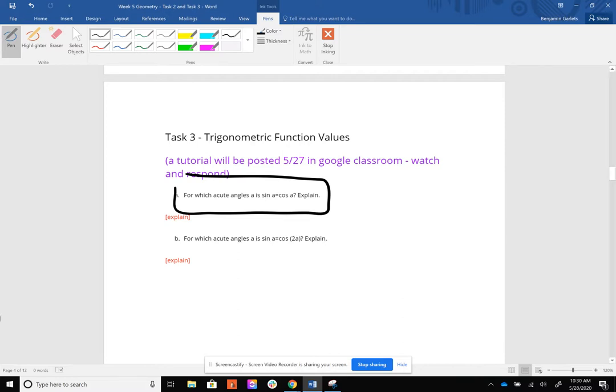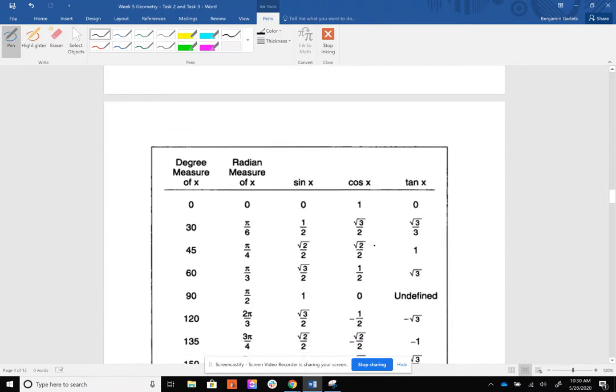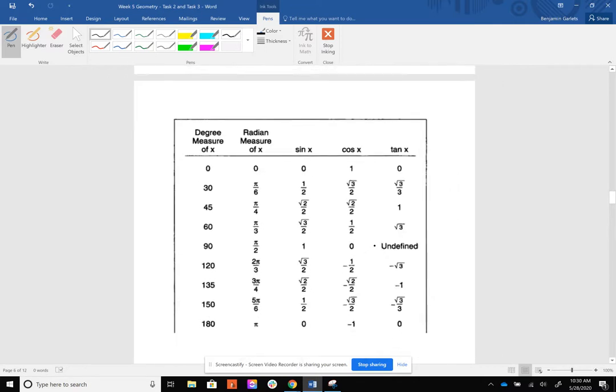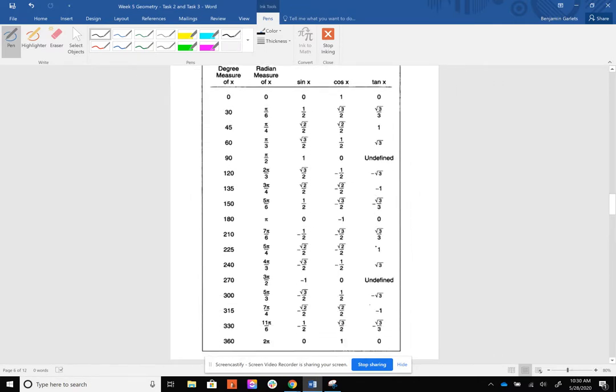You did that in a Desmos investigation, and I just did a quick Google search and grabbed a table that kind of looks like what you did, where you were finding the values of the trigonometric ratios for specific degree measures. For the sake of distraction, I'm going to get rid of radian measure.